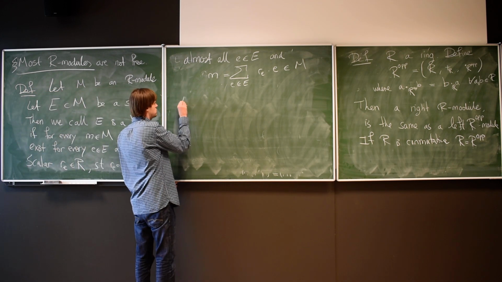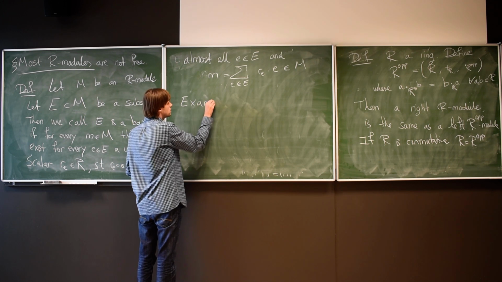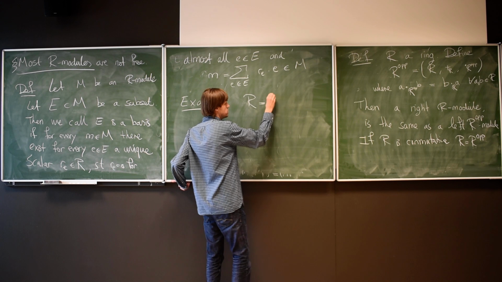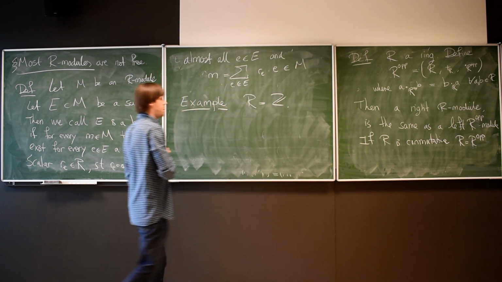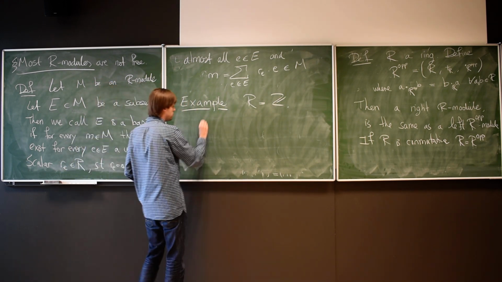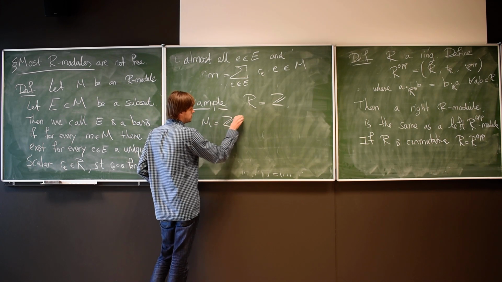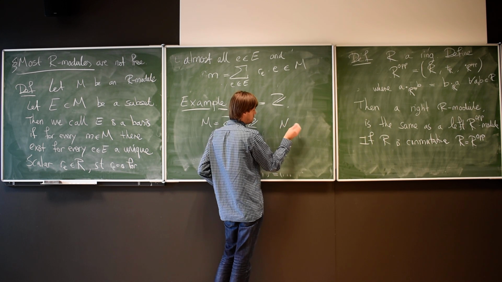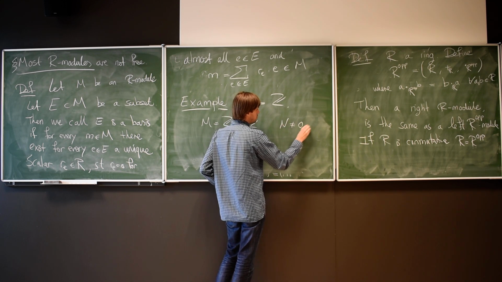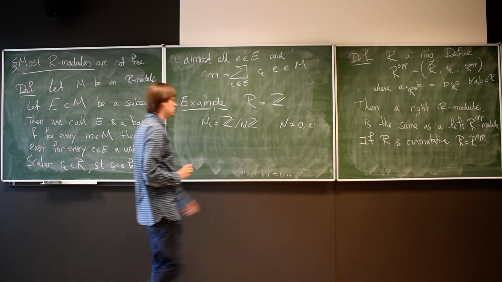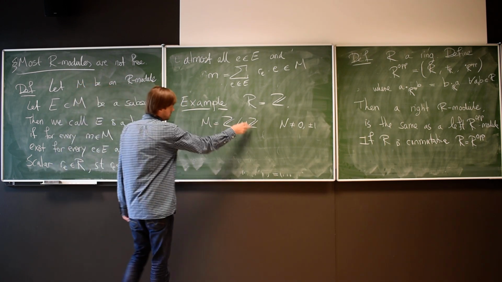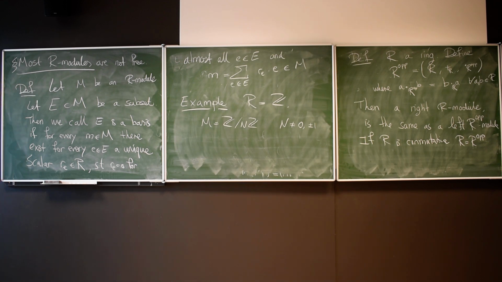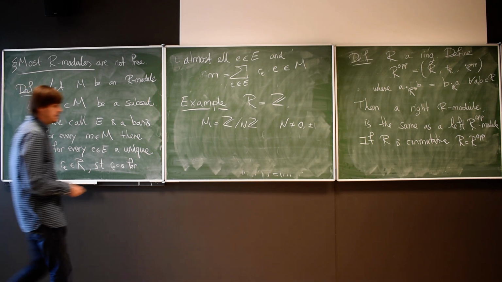Okay, so some examples. Take, for instance, R equal to Z. And then I can take my module equal to Z modulo nZ. And then as soon as n is not 0 or plus or minus 1, well then this quotient is really a finite group.